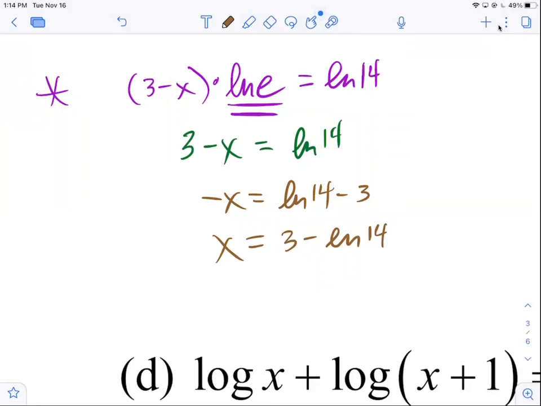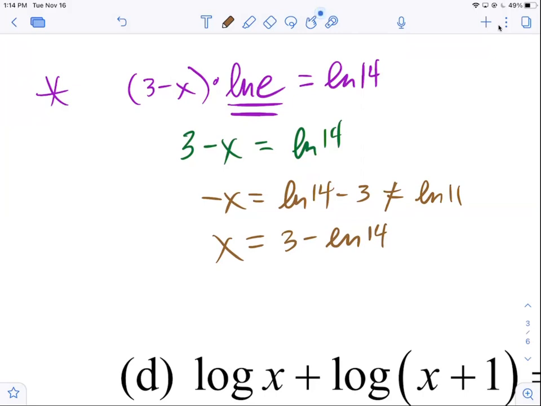Now, if I did natural log of 14 minus 3, hang on. I didn't even realize this. Is that the natural log of 11? No? No. Because this is not the natural log of 14 minus 3, right? This is the natural log of 14, pause, minus 3.